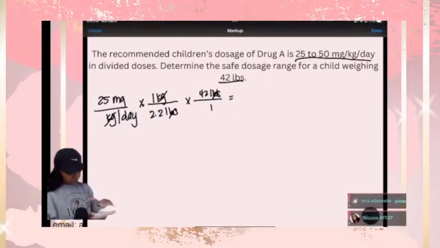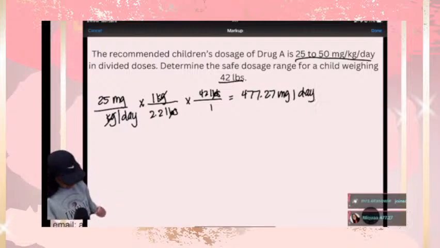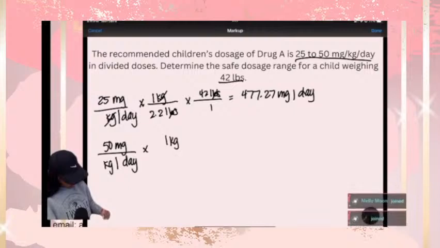Let me grab my calculator. 25 times 42 divided by 2.2. It's going to be 477.27 milligrams a day. And then our upper limit is going to be 50 milligrams per kilogram per day times 1 kg over 2.2 pounds times 42 pounds.